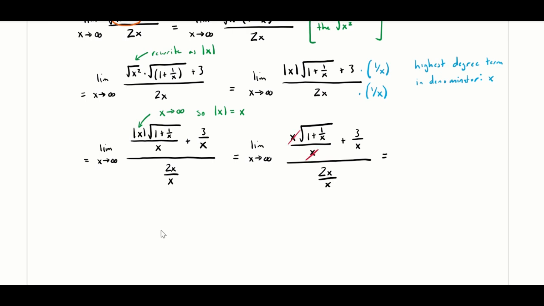This x is going to cancel with this. This x is going to cancel with this. We've got the limit as x goes to infinity of, now we just have 1 plus 1 over x under the square root plus 3 over x, all divided by 2.